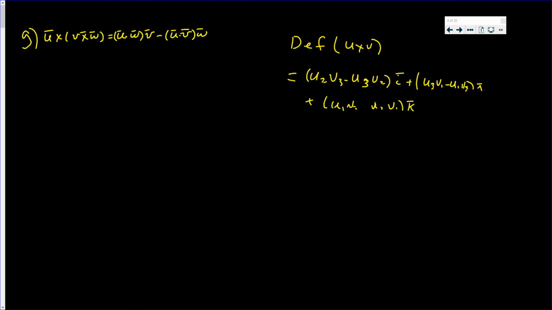Letter G. We want to compute U cross V cross W. Now, V cross W is a vector. You just have to figure out what vector it is first. And then we cross it with U. Okay, so it's U cross whatever vector V cross W is.